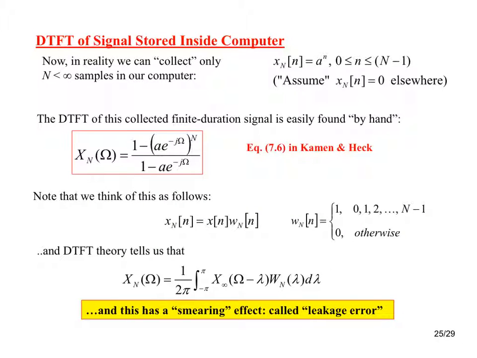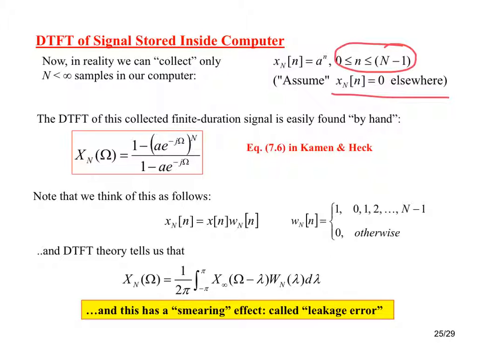Now we collect only a finite number of samples, some N, and we know in this case N is going to be 8 for our simple example. And we assume that the signal is equal to 0 everywhere else. So we can actually theoretically compute the DTFT of this.